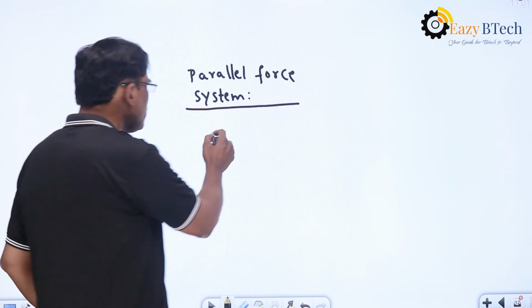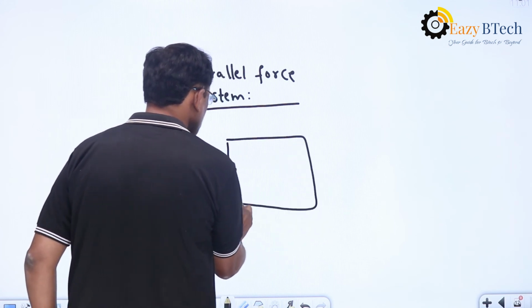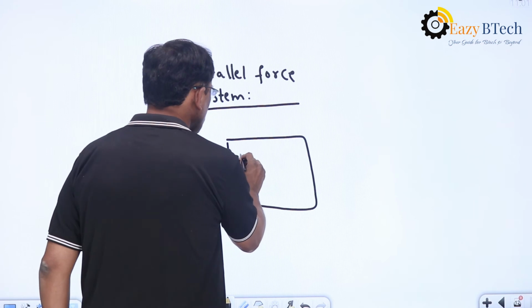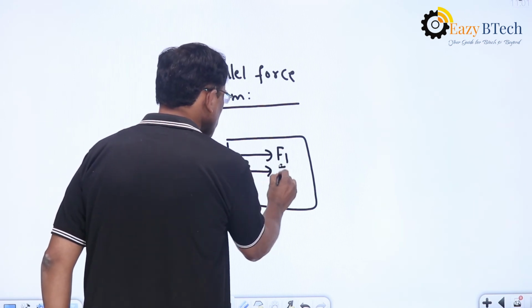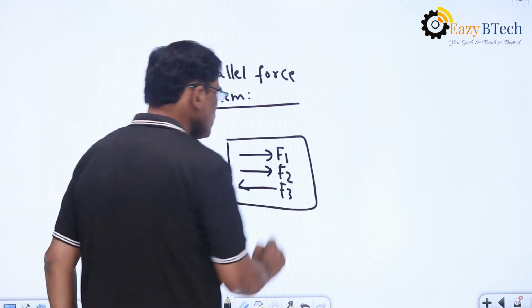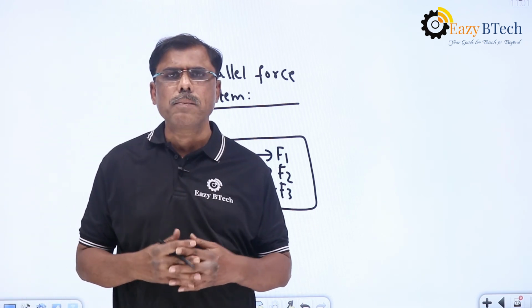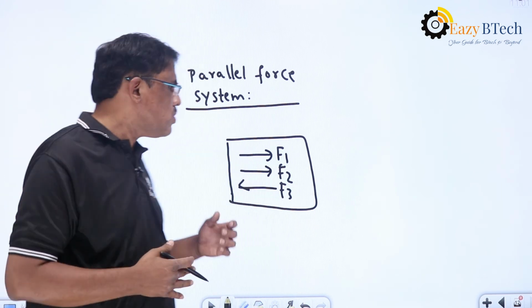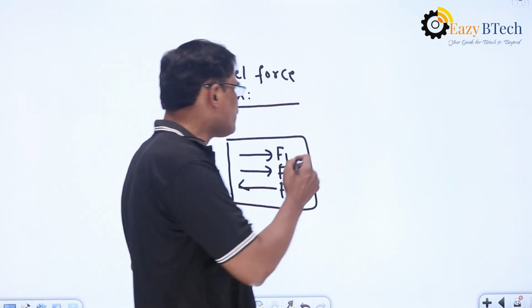So if you take a plane, let us say, this force is F1 and this one is F2. Let us say another force is F3. If you look at these forces, all the forces are parallel to each other. So this F1, F2, F3 represents the parallel force system.